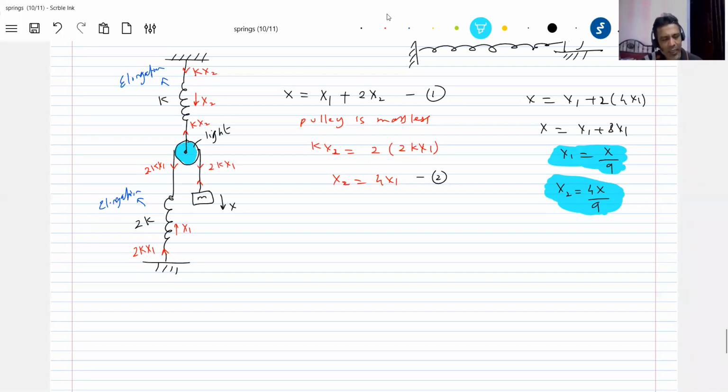If you have the SHM idea, we'll replace these two springs by an equivalent spring constant, find the time period of the block, and from there get an expression. That will be a lot of burden for a student, so I'll try to avoid it.